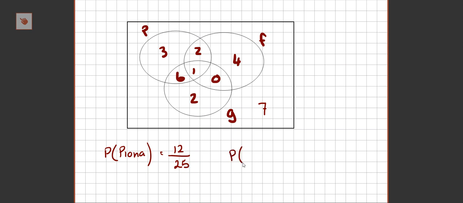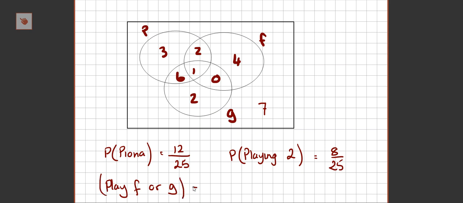What's the probability of playing exactly 2? 6, 2, yeah, 8 out of 25. What's the probability that they play flute or guitar?